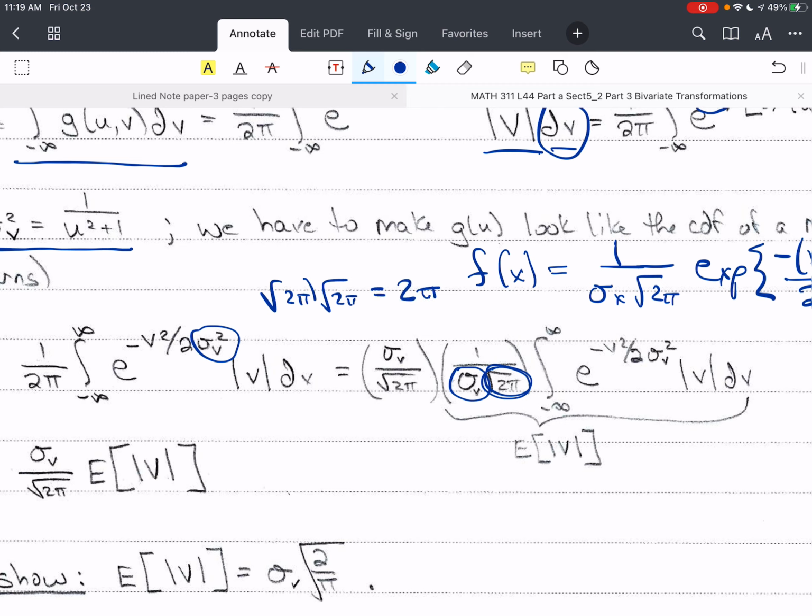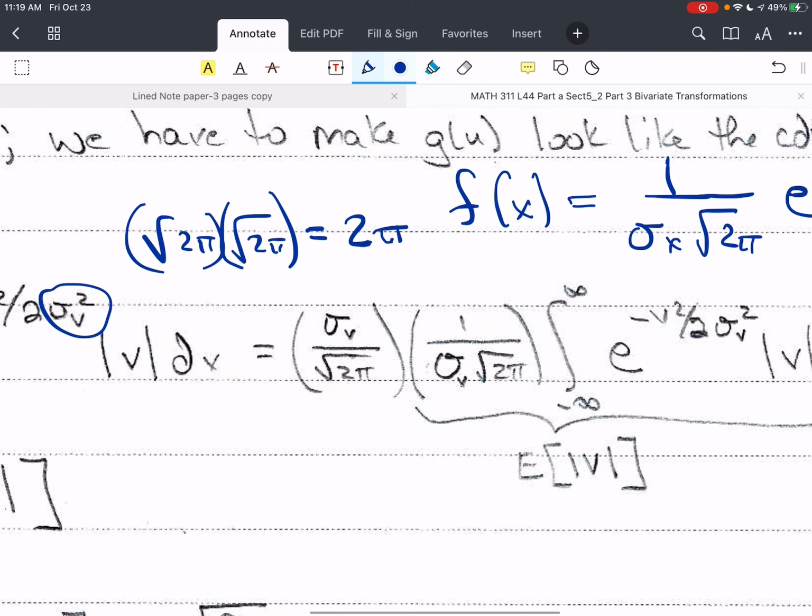So I can break up 2 pi into 2 square roots of what I need. That's what I've done. We have 2 pi, square root of 2 pi here, square root of 2 pi here. We're going to keep this separate because we don't want to cancel or simplify it. We're trying to make this portion look like something to do with the normal distribution.